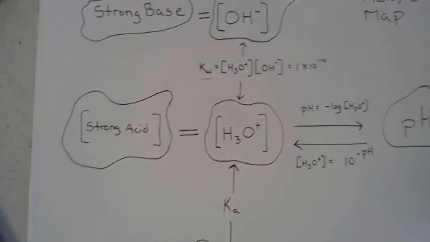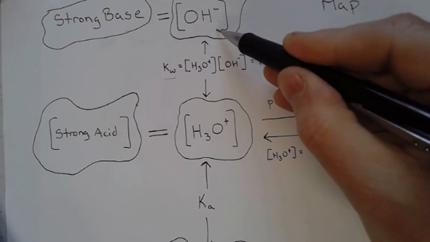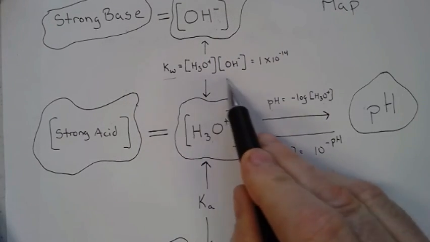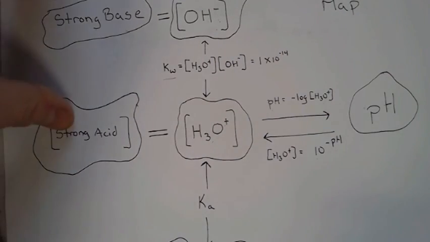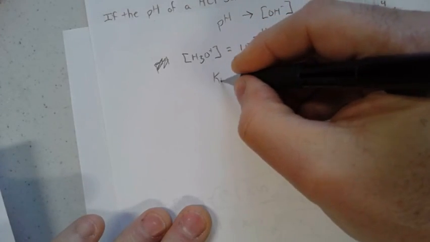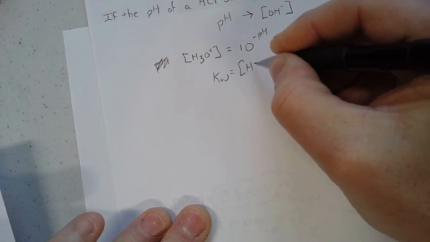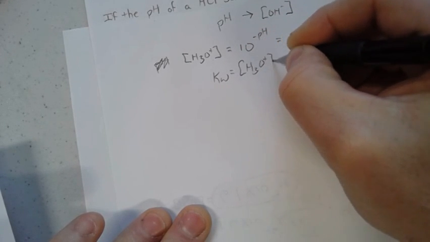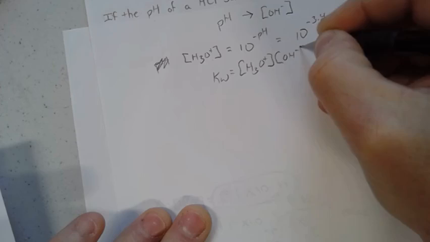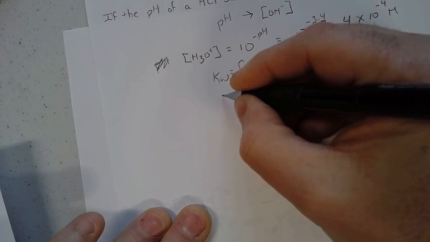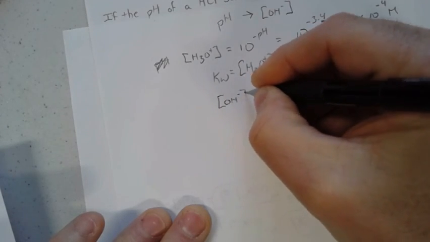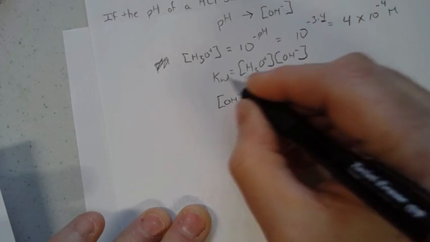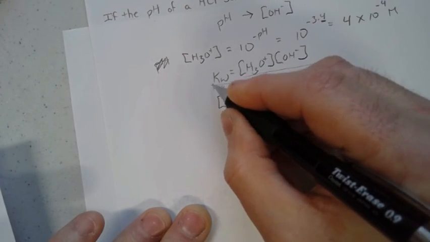My last step, now that I have hydronium, I'm trying to get hydroxide. I use the Kw equation to find the hydroxide. And remember, since Kw is equal to hydronium times hydroxide, if I want to find hydroxide, I would divide both sides by hydronium.